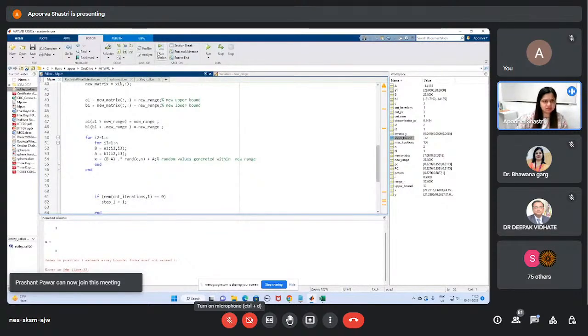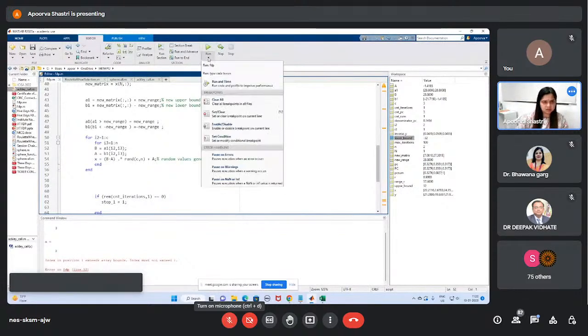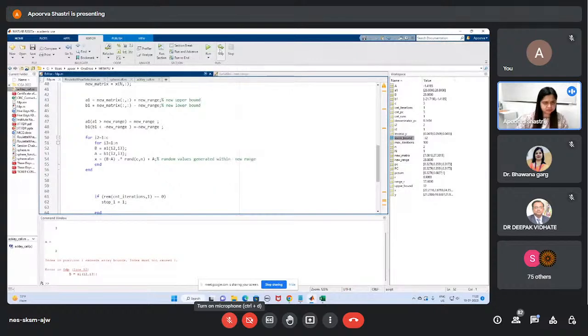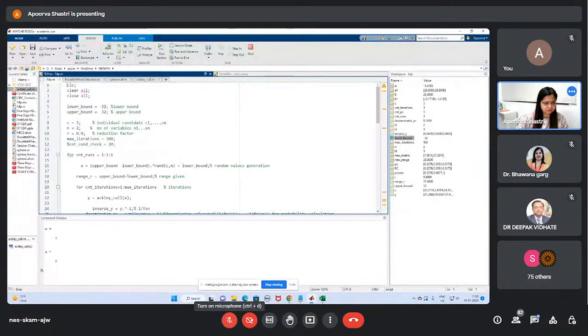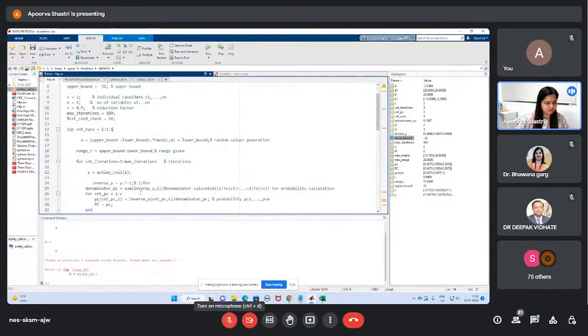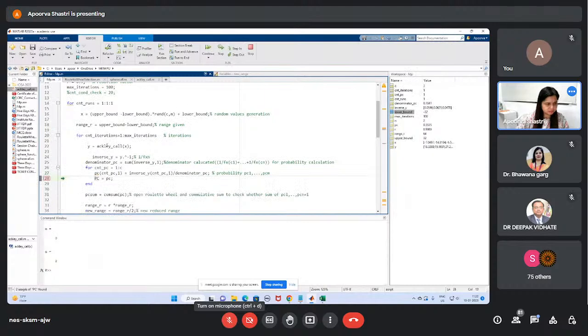This error was there earlier also. Wait, this error is of no use. It is just some folder or some corrections. Just give me a second. Okay, so function call error.